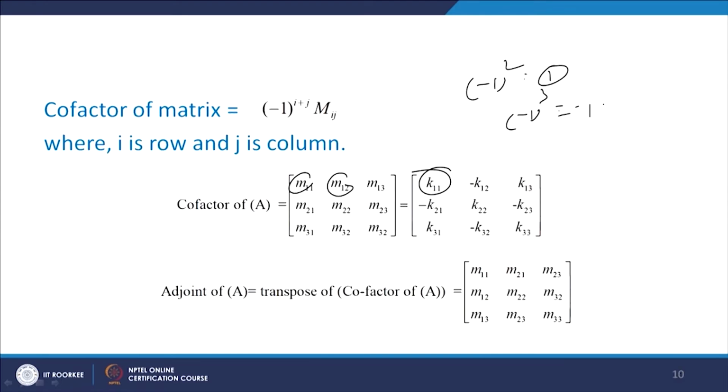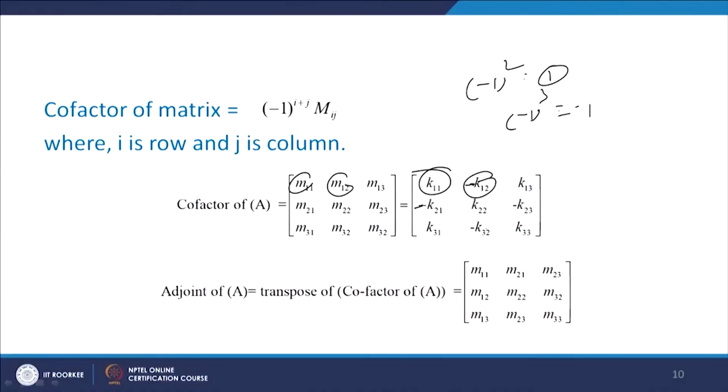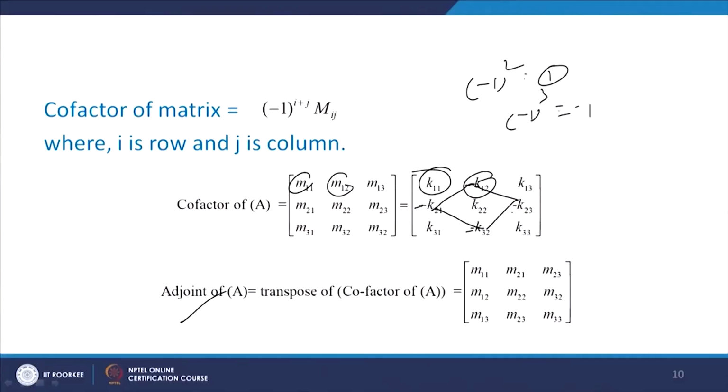So you will find that the element is negative, so minus M12. If you check all the elements in this matrix, you will find that some of these elements have negative signs and the others have positive signs.